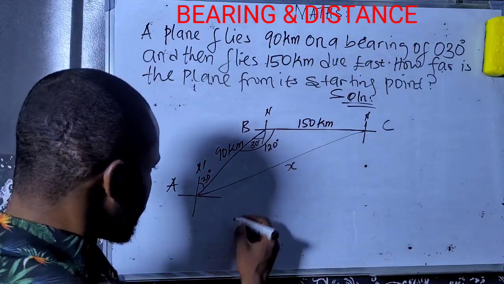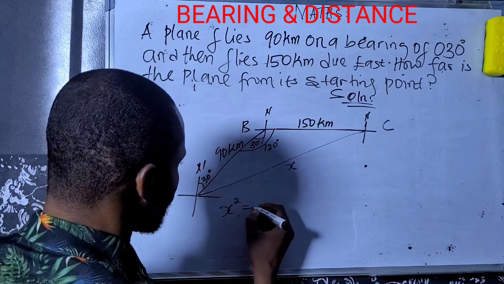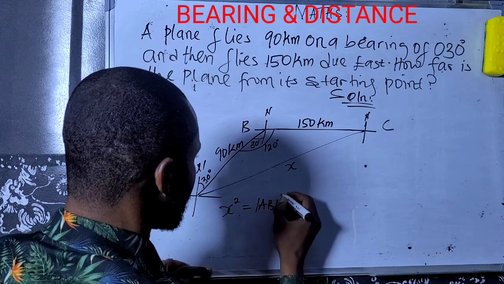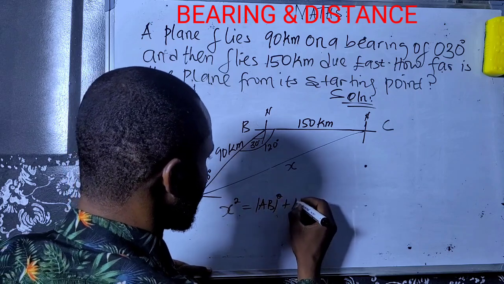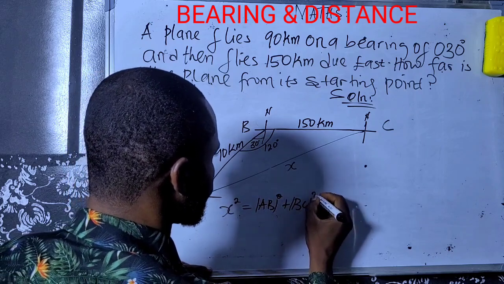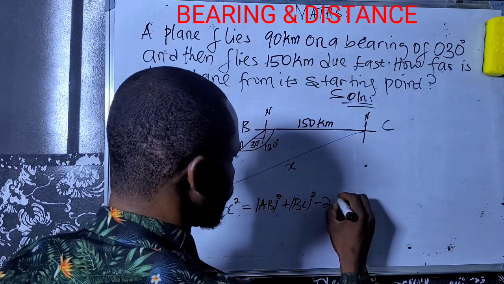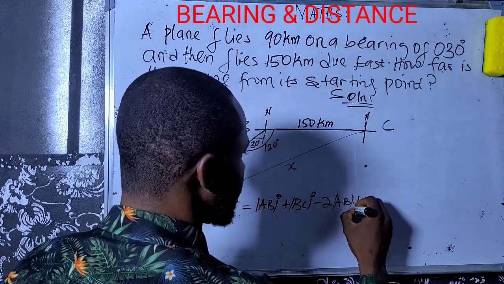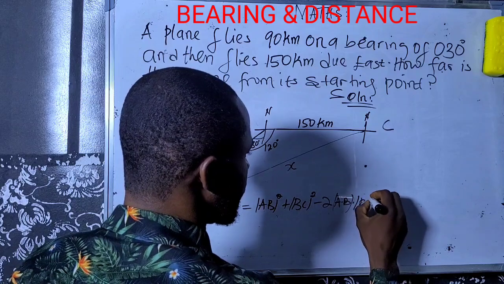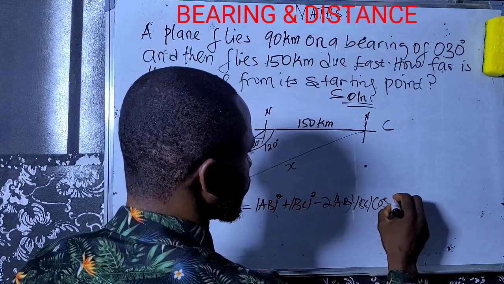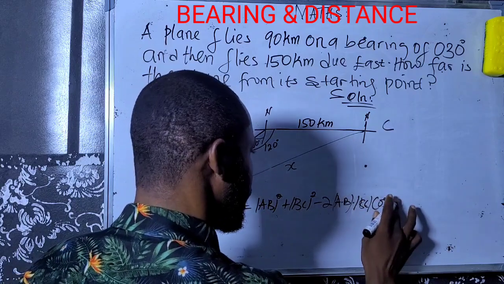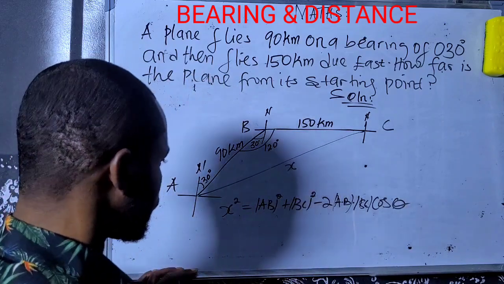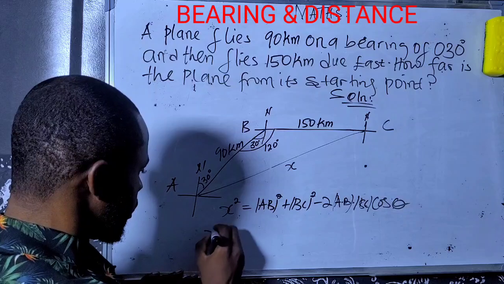Then we state that x squared equals AB squared plus BC squared minus 2AB multiplied by BC cos theta. Cos theta is this angle.